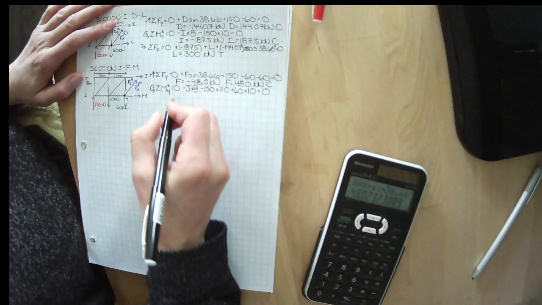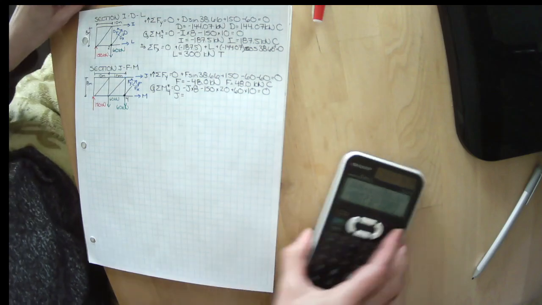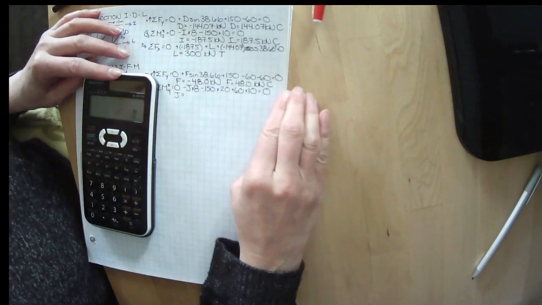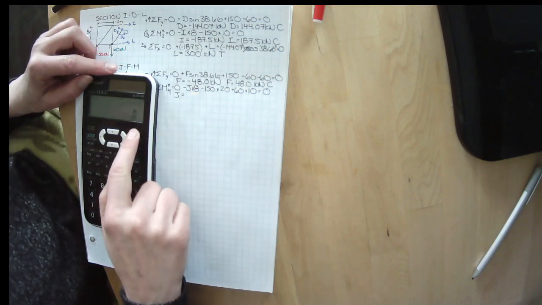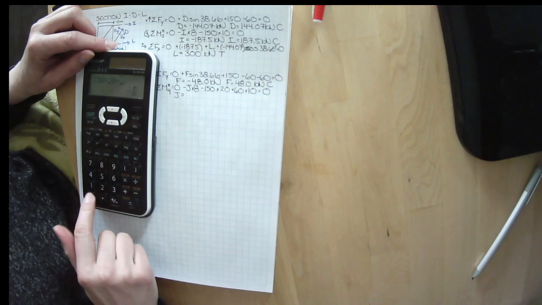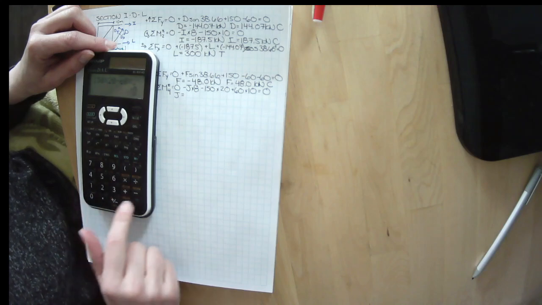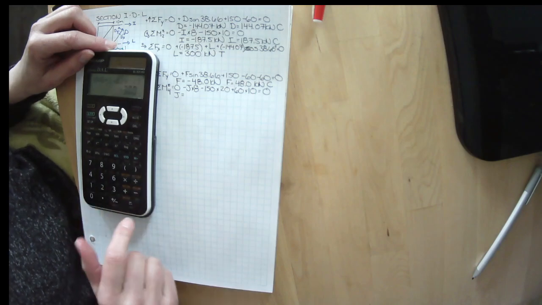We can rearrange this and solve for J. We'll bring this over and it becomes positive. That will be negative, and then we'll divide by negative 8. So we have 150 times 20 minus 60 times 10 divided by negative 8.